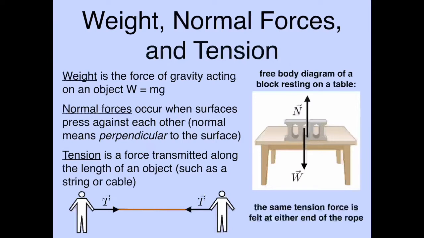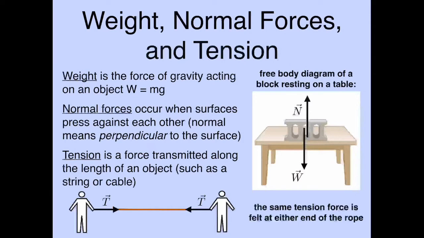Okay, another one is tension. Tension is a force that's transmitted along the length of an object. Most commonly we'll think of a string or a cable. The force that's transmitted along the string is tension. To give you something to imagine, we have two people holding opposite ends of a rope, and they're each pulling the opposite ends of the rope with some amount of force.